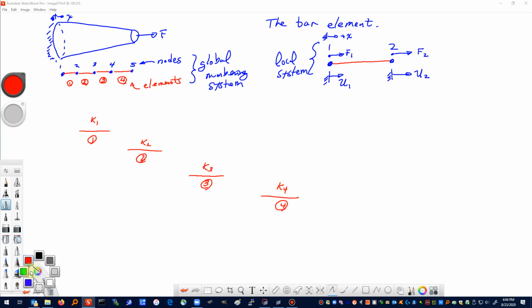And so we have our nodes 1, 2. Now, element 1 only has the node 1 by itself. Node 2 is shared by 2 different elements. So there's 1 and 2 and then 2 and 3 and then so forth. And then finally we get to the end, and then 5 is kind of by itself too.